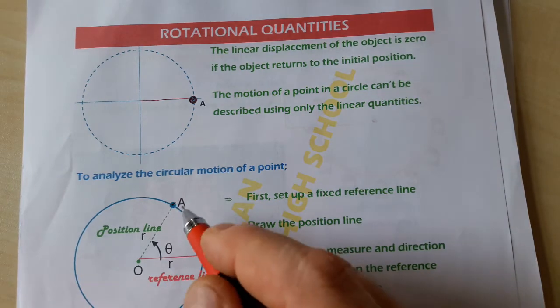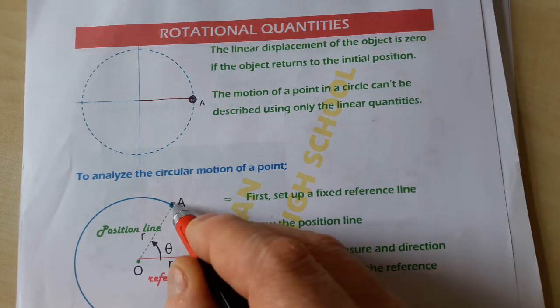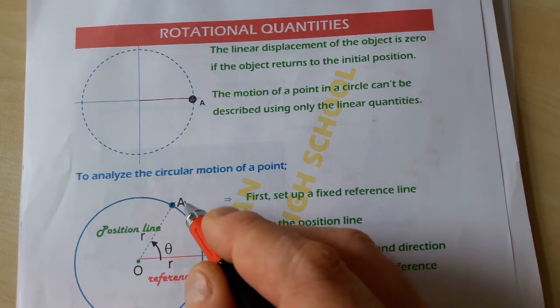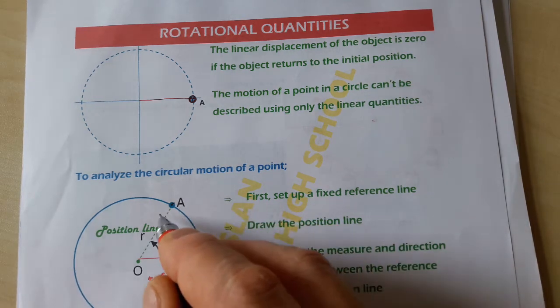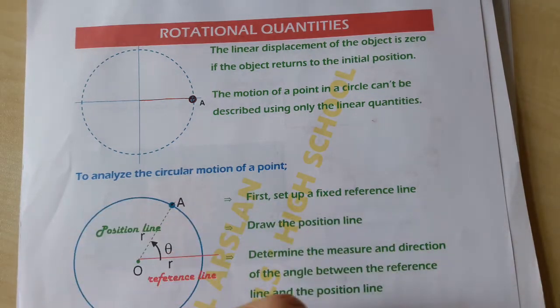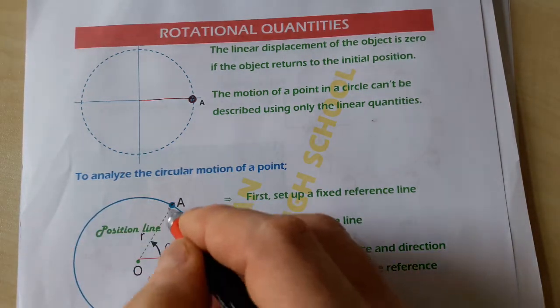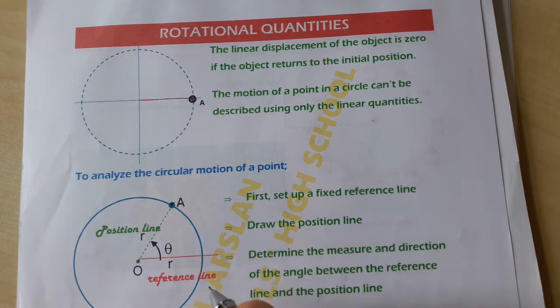Then we should first define the position of the point. How can we define the position? In linear motion, we define it by distance. However, in rotational motion, the object is continuously moving on the same circle. For that reason, you cannot define the position by a distance. Instead, we are going to define the position of the object by an angle.